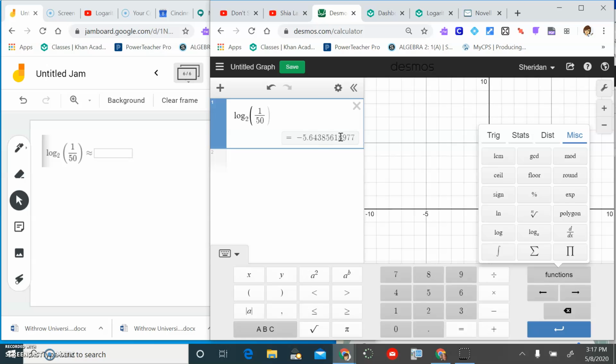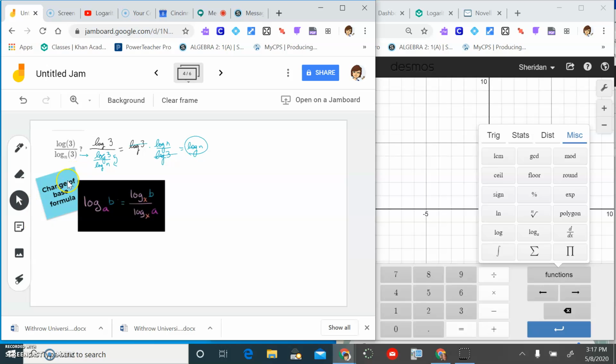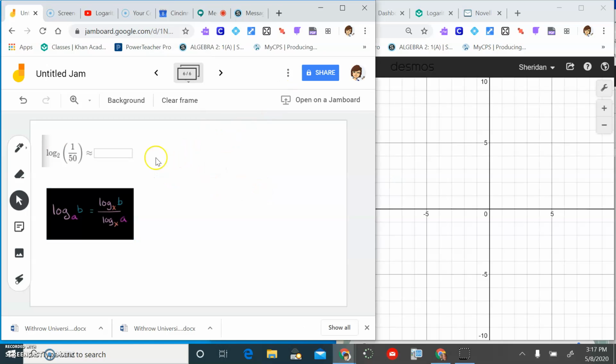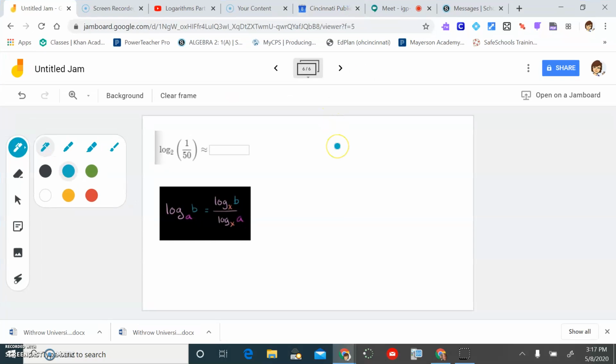Now, if you don't want to use Desmos, or you want to use that change of base formula we just talked about, let me bring it back over. We could use this formula here, and if we did, this would be log base whatever we want, like 10, because it's got a nice little calculator button for that.